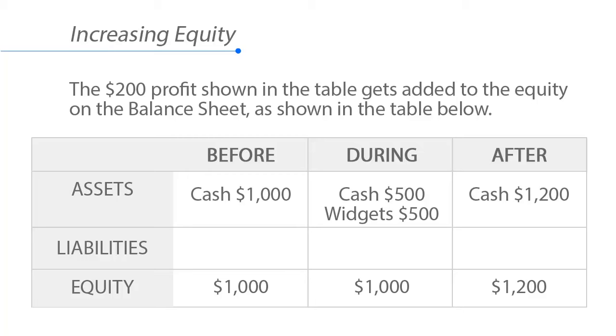Then the widgets are sold for $700, that is added to cash, and the widgets no longer appear as assets because they're now gone to customers. You no longer have them. So at the end, you have $1,200 in cash. That's more cash than you started with because you sold the widgets for more than you purchased them for. And your equity is $1,200. So you've increased your equity by $200.